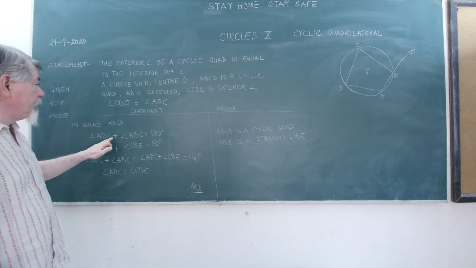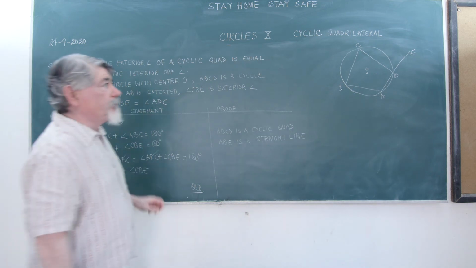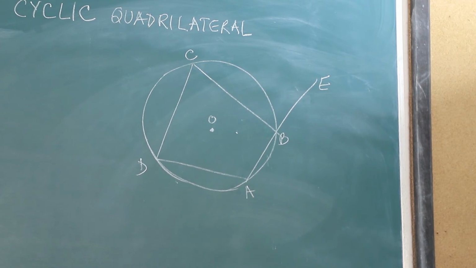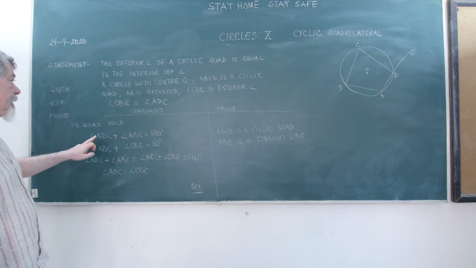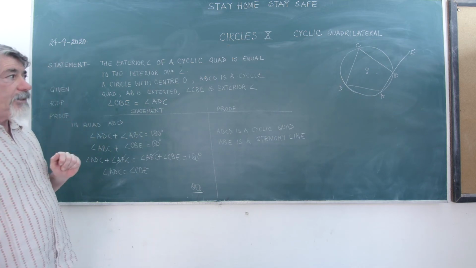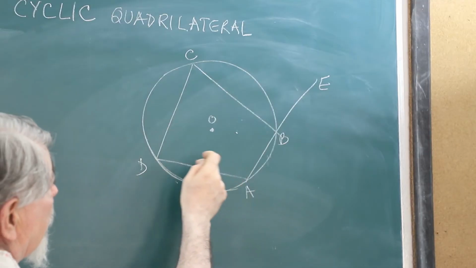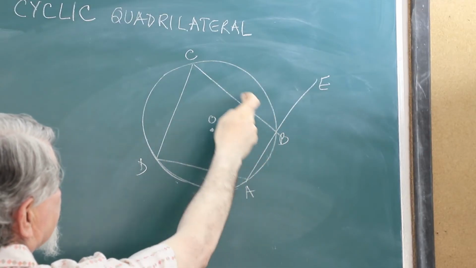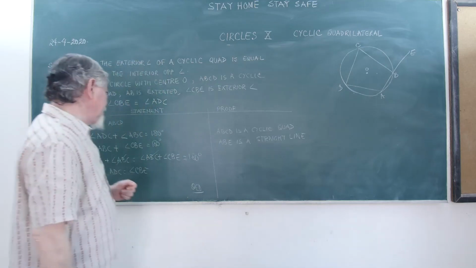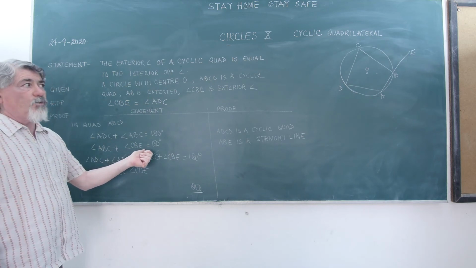Angle ADC plus angle ABC will be equal to 180 degrees. The other thing is that angle ABC plus angle CBE will also be 180 degrees.